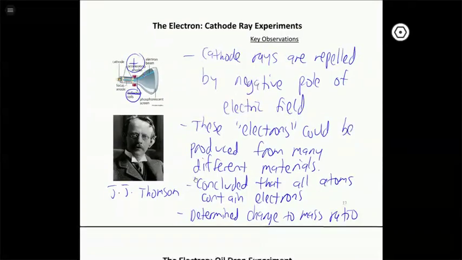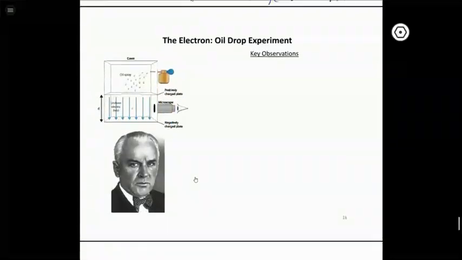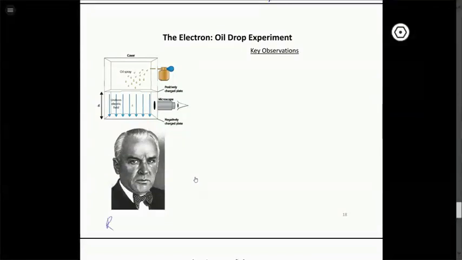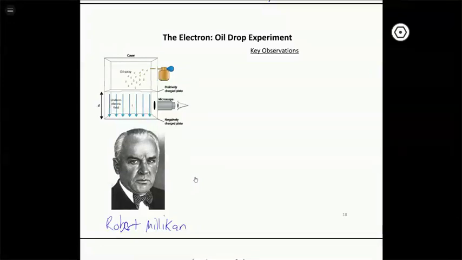And then the other key experiment dealing with electrons was the oil drop experiment. Okay, and so this was done by another unhappy fellow named Robert Millikan. And so what he did here was he generated a bunch of negatively charged oil drops.